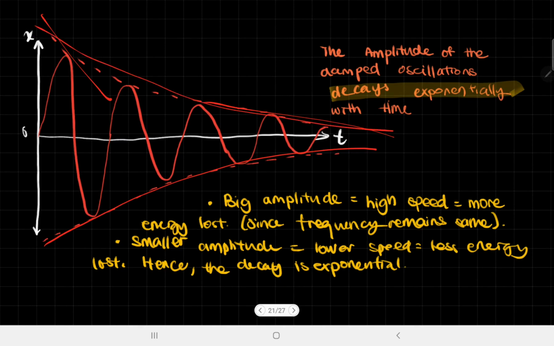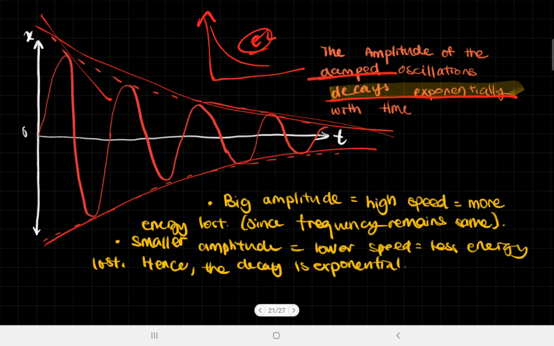And this reminds me of another graph, which is our exponential graph, which looks a bit like this. And this is very similar, although this is much more shallow. So therefore, we conclude that the amplitude of the damped oscillations will decay exponentially with time. Exponentially meaning this. And if we were to plot this graph, it would look something like this.